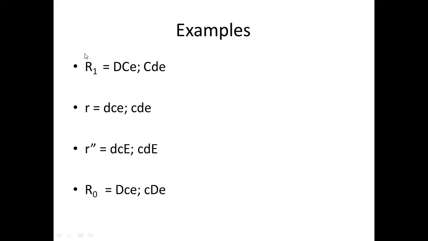So let's see. This is an uppercase R with subscript 1. How do we transcribe it in the Fisher-Race? Fisher-Race terminology is DCE. So let us look first at the D. Is the D uppercase or lowercase? Since it is an uppercase R, therefore you write uppercase D. How about for the C? That's the second. Is the C uppercase or lowercase?